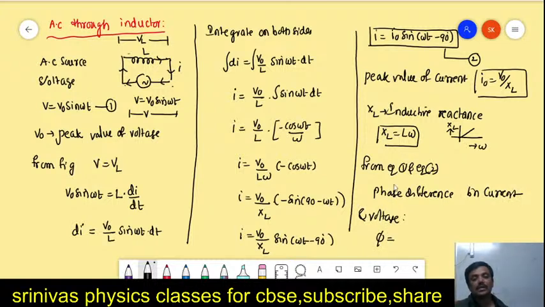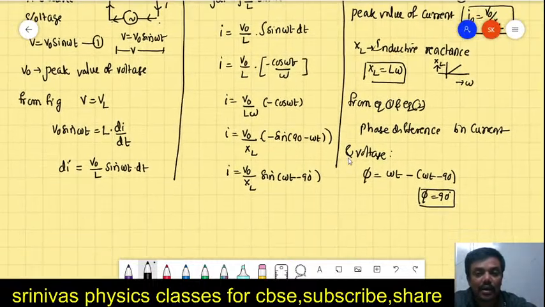We have to subtract the two. The voltage angle is omega t from equation 1. The current angle is omega t minus 90. The angle difference is omega t minus (omega t minus 90), which gives 90 degrees. Here we got the phase difference as 90 degrees.